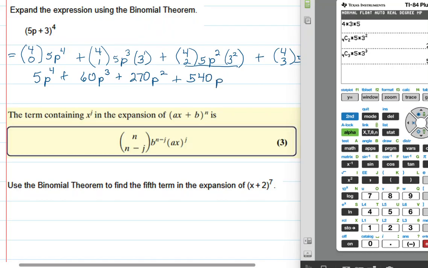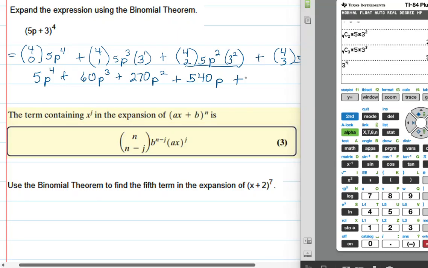And then my last one is 3 to the 4, which I think is 81, but who knows. Everybody good? Okay, now this is what the computer wants.